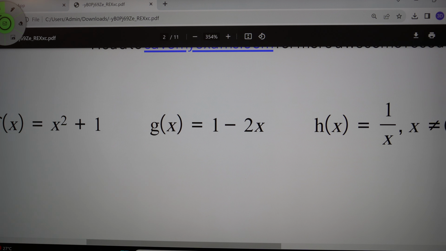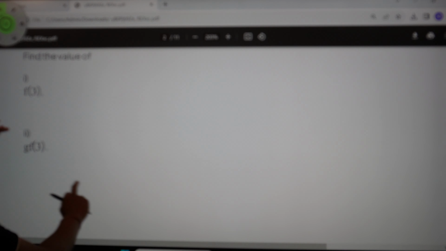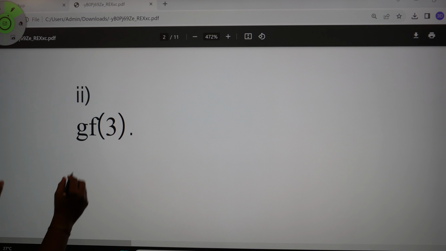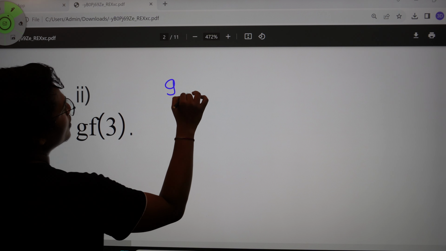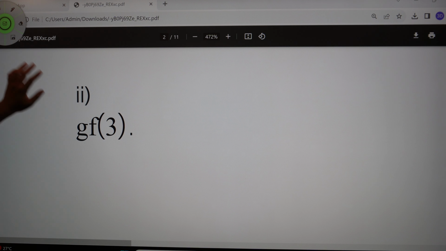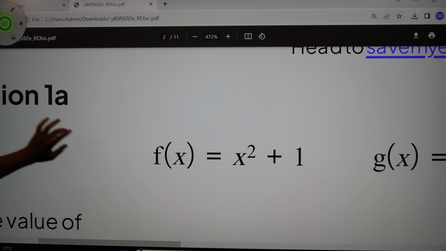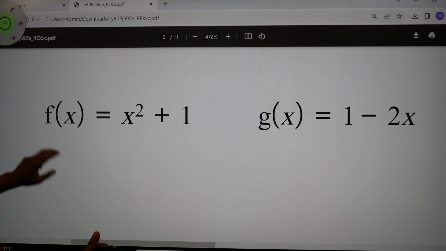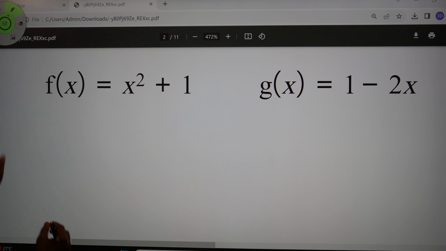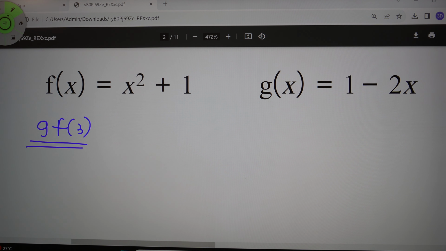Done? Now, what is asked? You have to find g of f of 3, right? So g of f of 3 is also the same as g o f of 3. Yes, it means the same thing. Now you have to find g of f of 3. Come on, try this question.